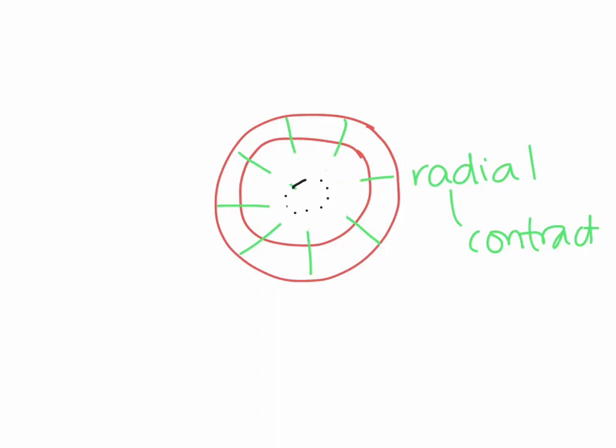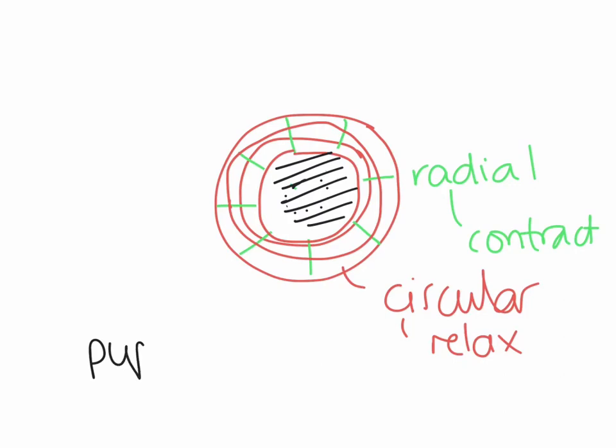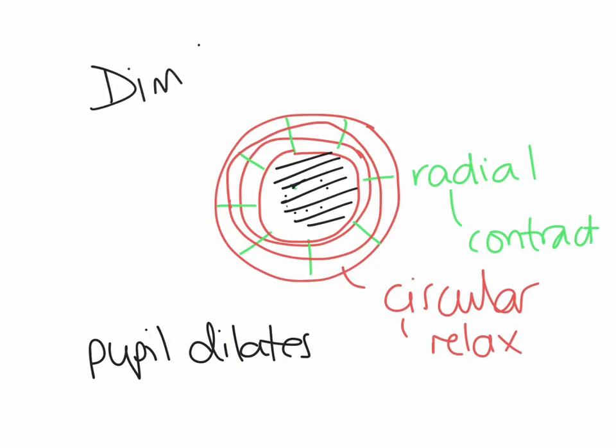So they're shortening. And what's happening now is that therefore these muscles have to relax. What has happened is the pupil has got bigger. We say that it dilates. So when there's dim light, the radial muscles contract, circular muscles relax, and that makes the pupil bigger to allow more light into the eye.